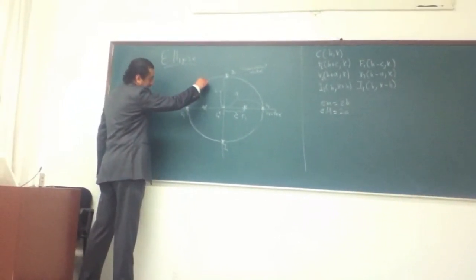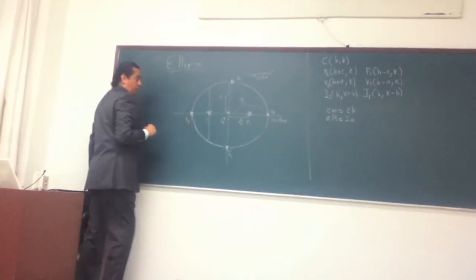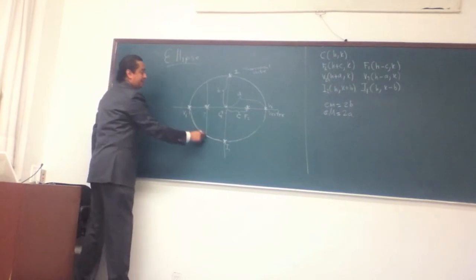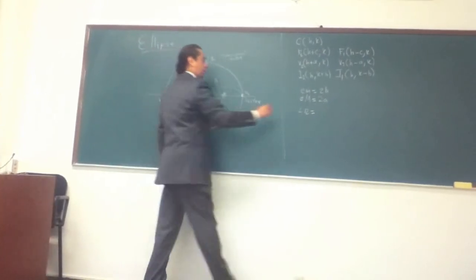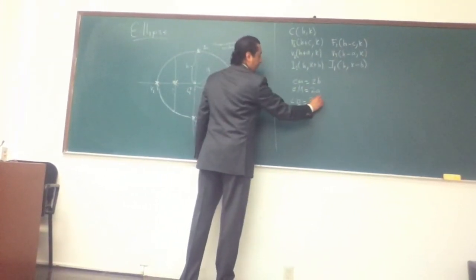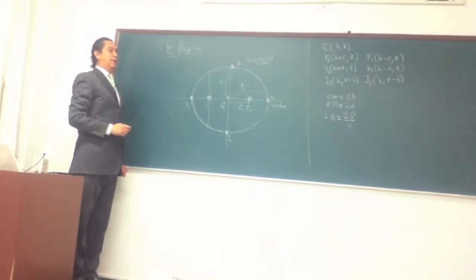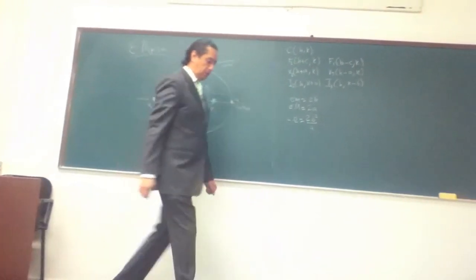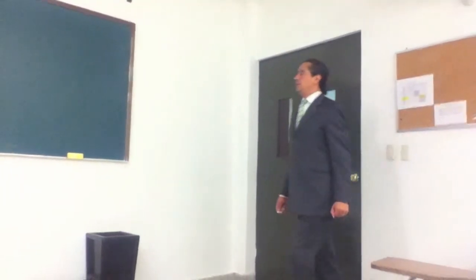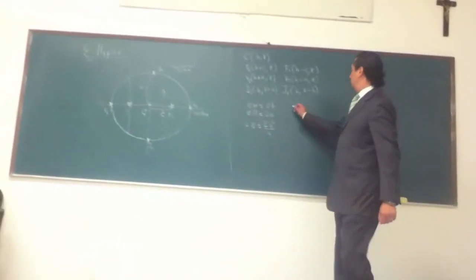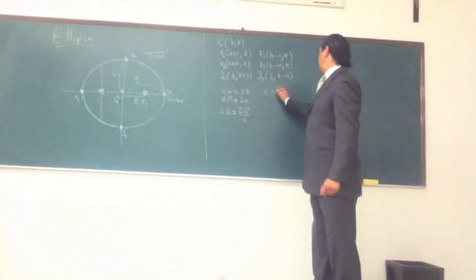It's this line, which is orthogonal to the focal axis, and the length of the latus rectum is 2 times b squared over a. Another important element is the eccentricity. The eccentricity is c over a.